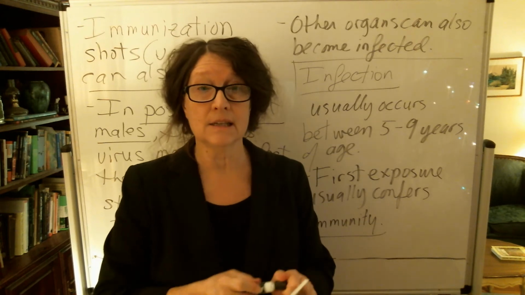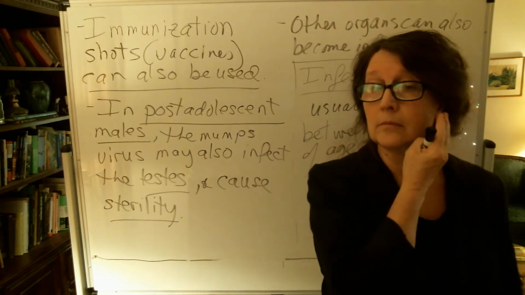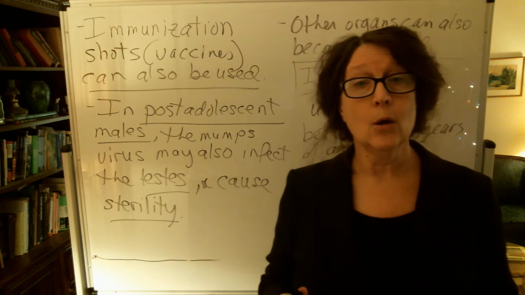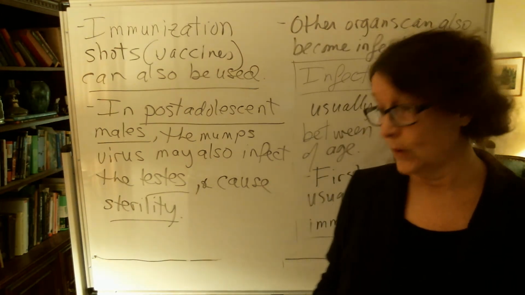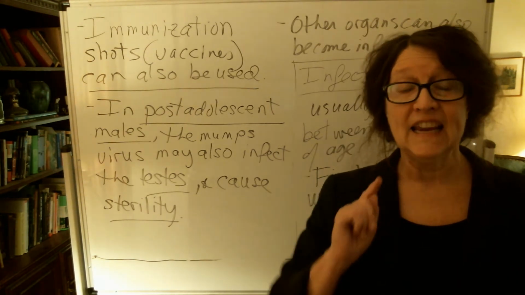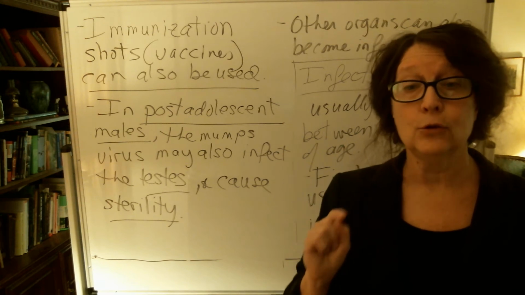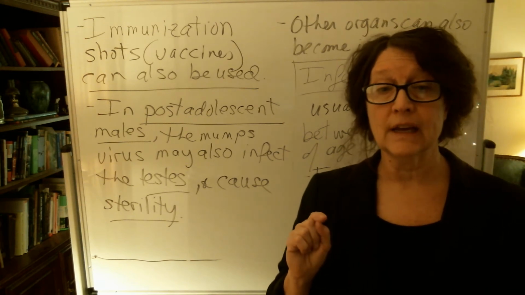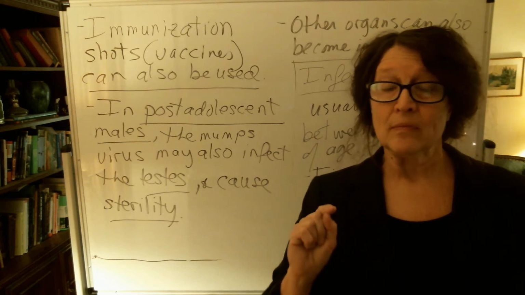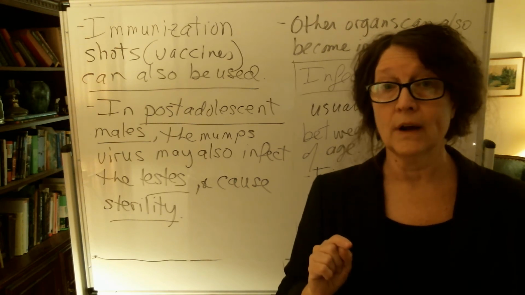What did I just say? What I said is this, is that if you get the mumps as a child, it usually attacks your parotid glands, though if you have severe cases, you may wind up having other organs attacked as well. But if you do not get that crucial first exposure, either through getting the disease or through getting the vaccine, let's say you then get it in later life, at the age of 14 or 16 or 30 or whatever.